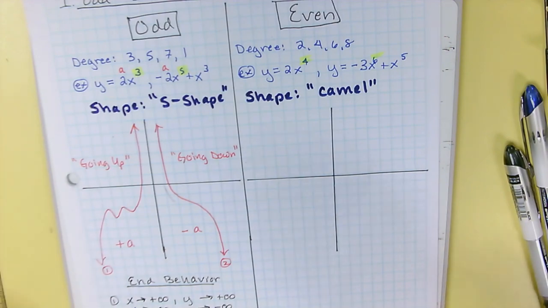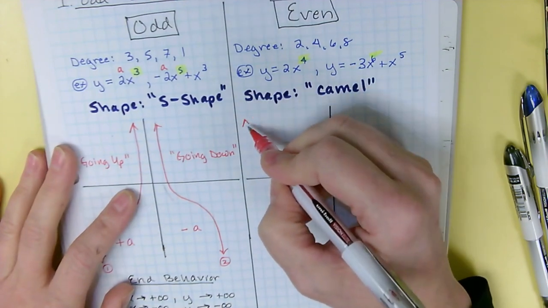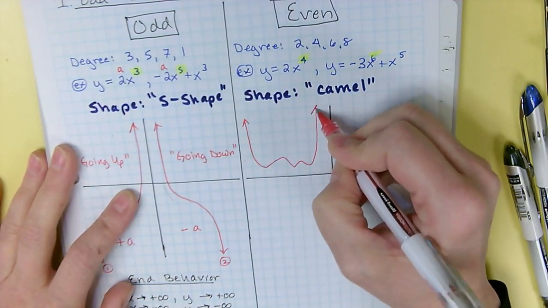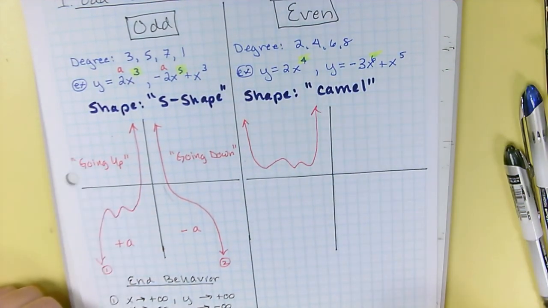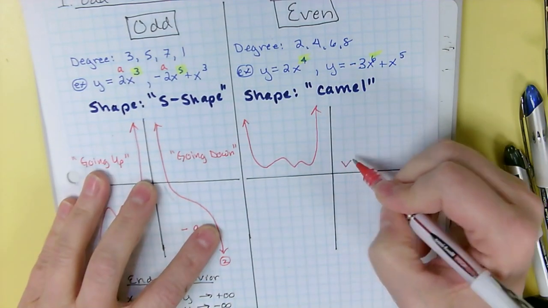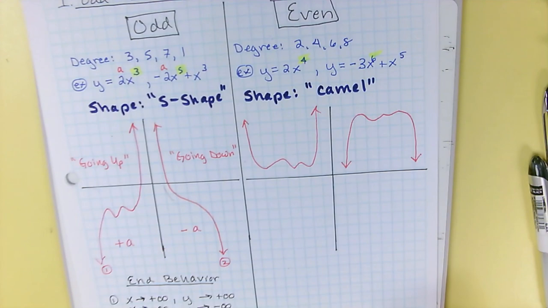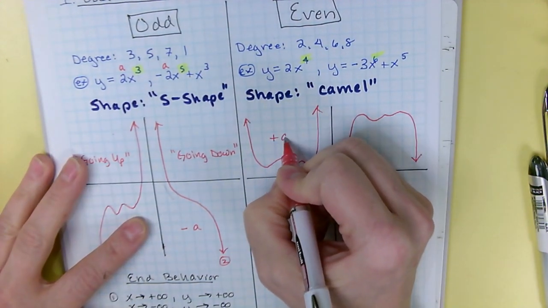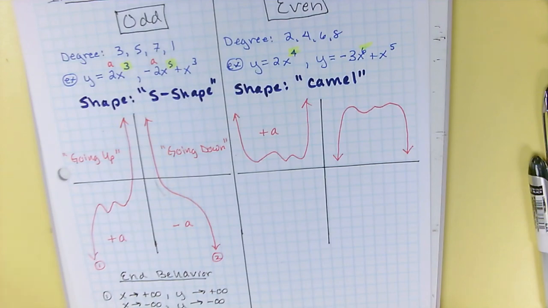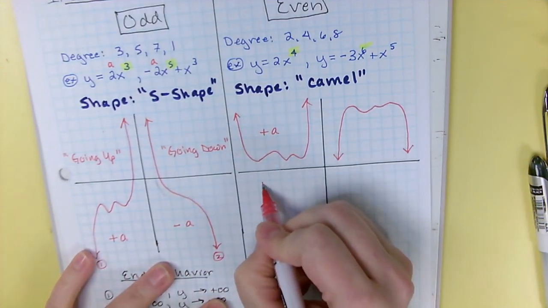In camel graphs, you either have legs up, dead camel, or you have legs down, live camel. If your A value is positive, then you've got dead camel.